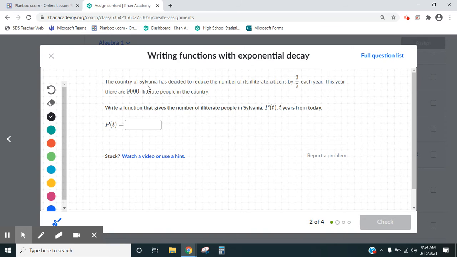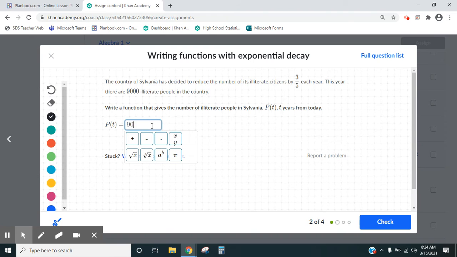It says in Sylvania, it's decided to reduce the number of its illiterate citizens by 3/5 each year. They just decided it's a goal. All right, this year there are 9,000 illiterate people. So let's start with that. Now this can be a little confusing here.